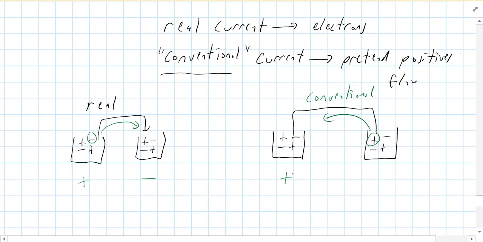Well, the left bucket will still end up with a positive charge, and the right bucket will still end up with a negative charge, and it doesn't matter. Okay, so you can think of current as electrons flowing in one direction or positives flowing in the other. And for virtually every problem that we're going to do from here on out, we're going to use conventional current. We're going to pretend it's positive charges flowing. It's also somewhat easier to think about that way.